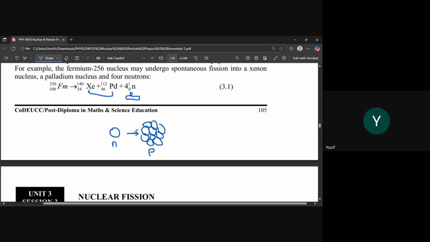It goes in there and gives you something like this.